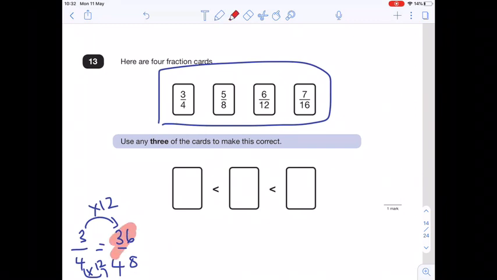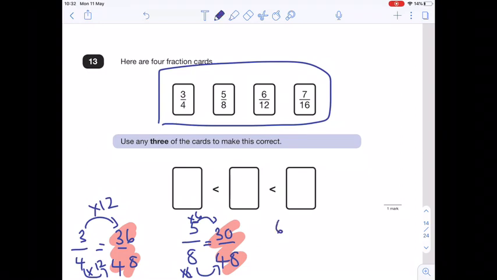I'm going to highlight that so I know. And then I've got 5 eighths, and I want to make that out of 48, times by 6. 8 sixes are 48, so I times that one by 6, and I get 30. So I highlight that one. 6 out of 12 equals something out of 48.